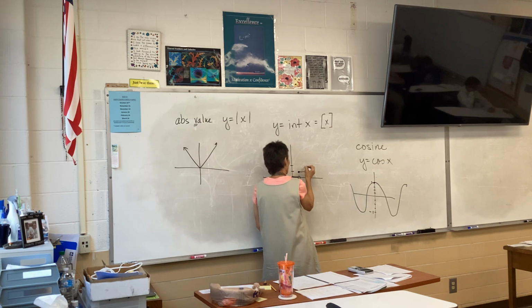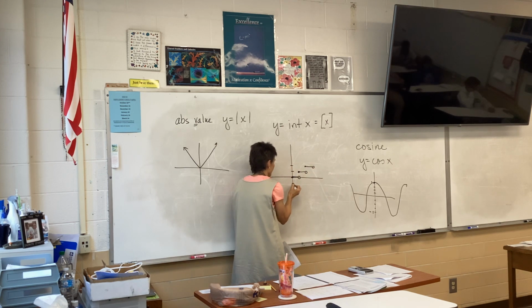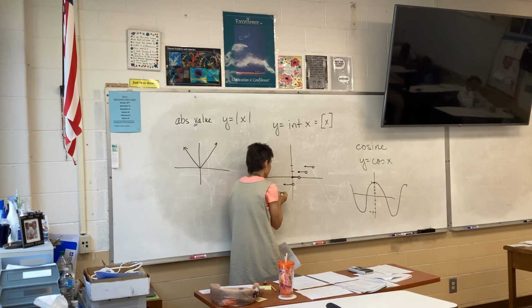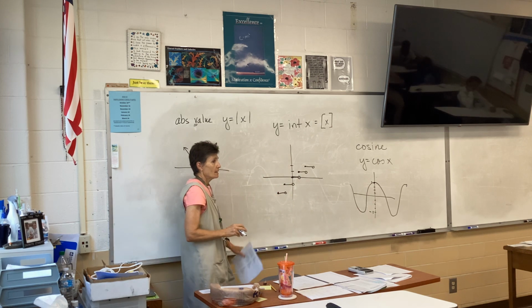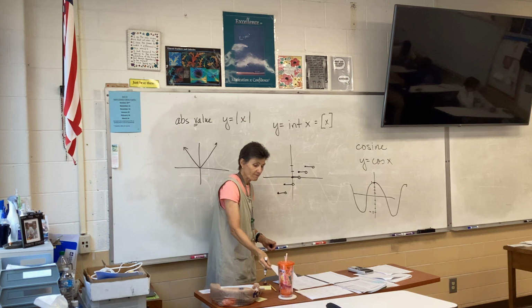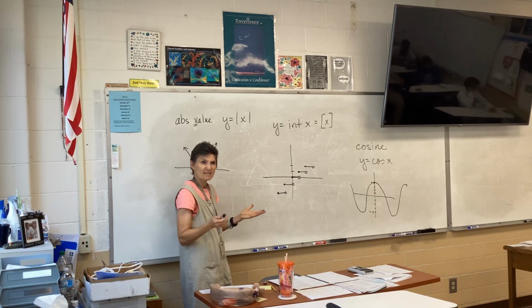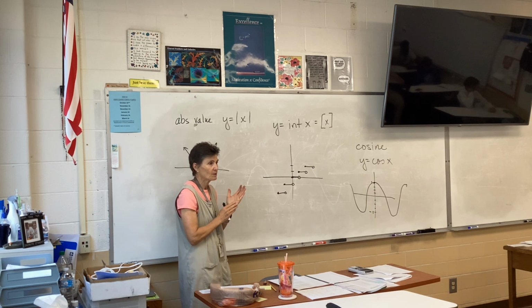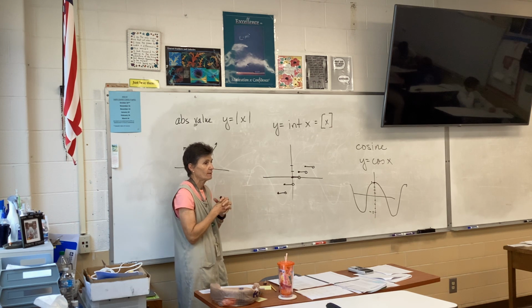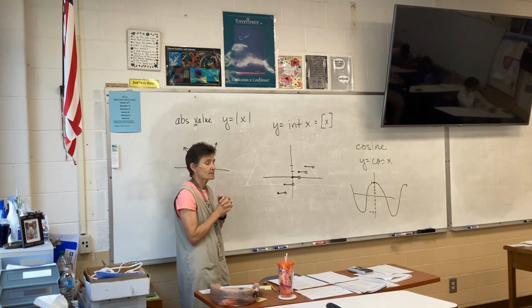And then count up one, solid dot, over one. This is your greatest integer function. It is sometimes referred to as a step function. Does that word kind of make sense when you look at the picture?